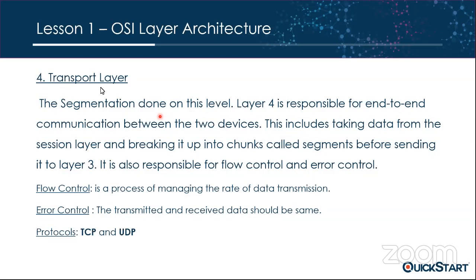It is also responsible for flow control and error control. So the transport layer first receives data from the session layer, right? And then it breaks it up into chunks, and it is also responsible for flow control and error control. These are the two controls which happen on layer 4 and layer 2 as well. But we are discussing transport layer 4. Layer 4 flow control is a process of managing the rate of data transmission, right?